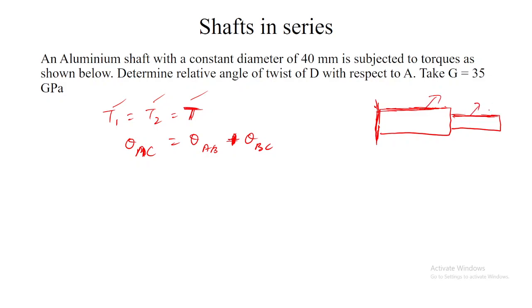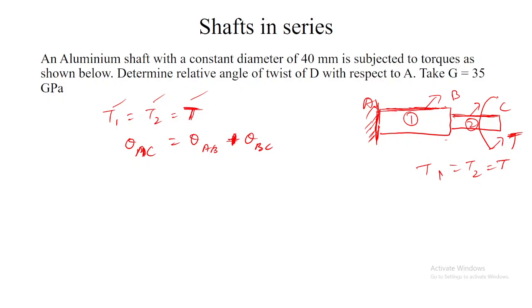If I apply a torsional load, for example T, and name this member 1 and this member 2, and this is A, B, C, then T1 equals T2 equals T. Is this fine?